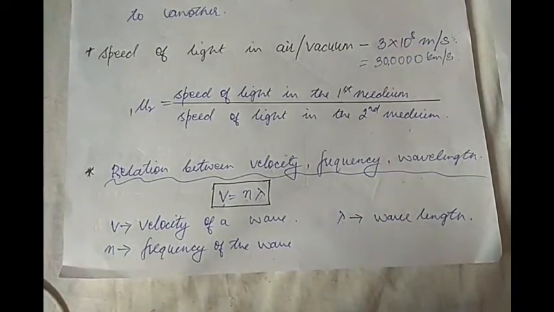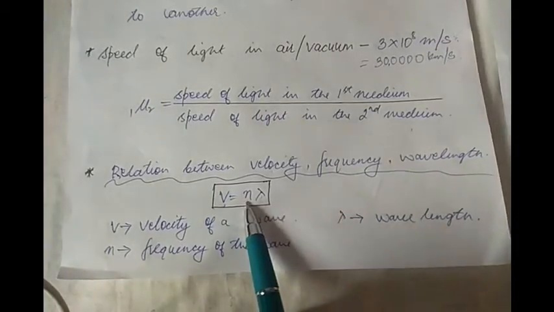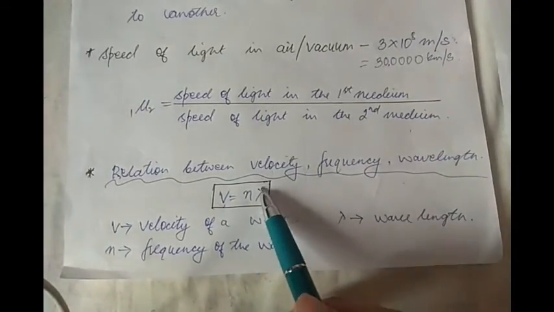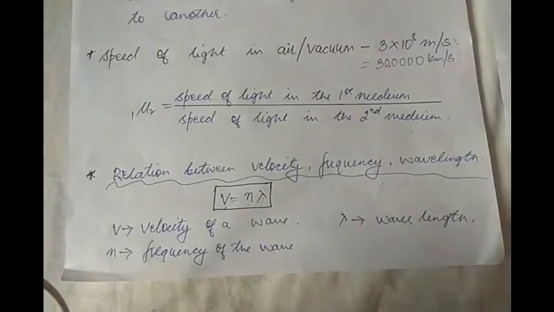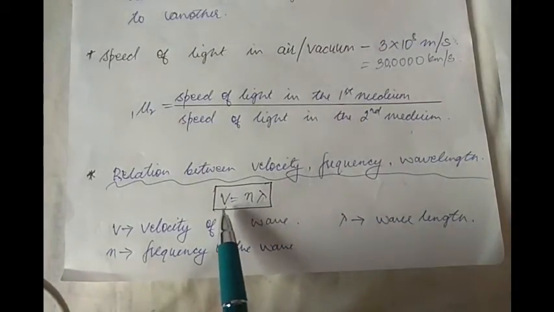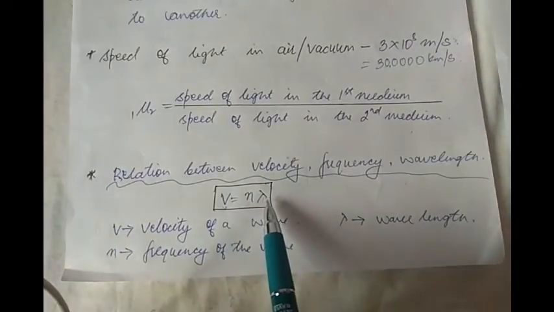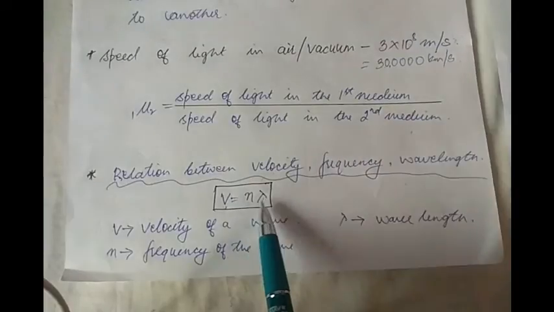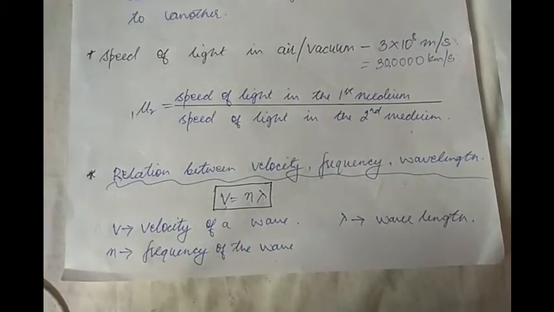But what we see is, whenever refraction happens, remember, there is no change in the frequency of light. So since there is no change in frequency, there has to be a change in wavelength of light. So remember, whenever light moves from one medium to another, the speed of light changes, thereby the wavelength of light changes, whereas the frequency of light does not change.